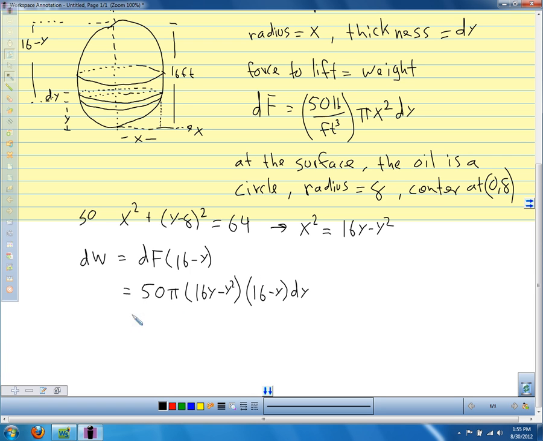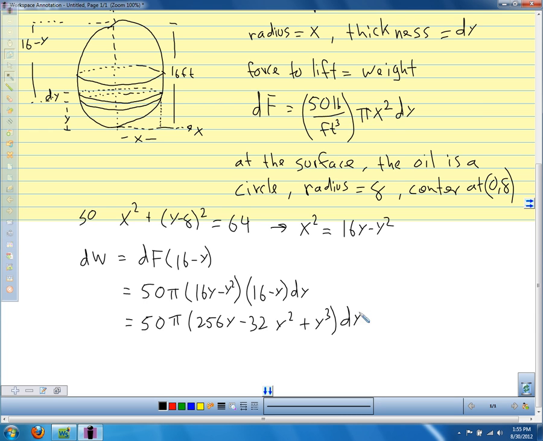If I expand this, I end up with 50 pi times (256y minus 32y squared plus y cubed) dy.